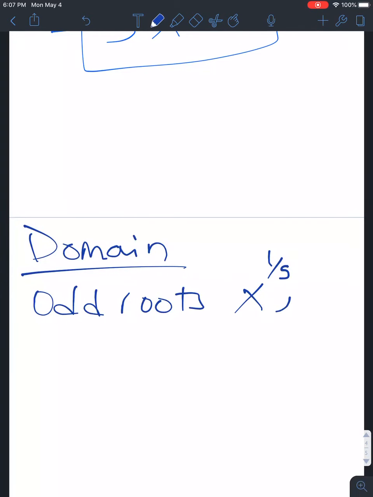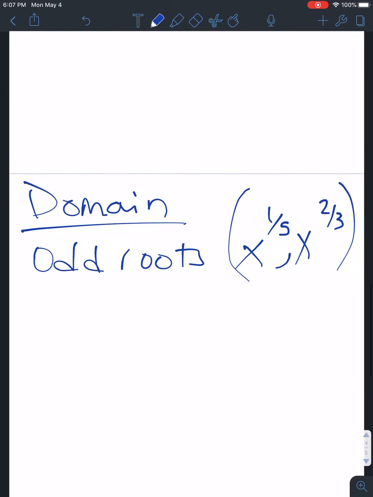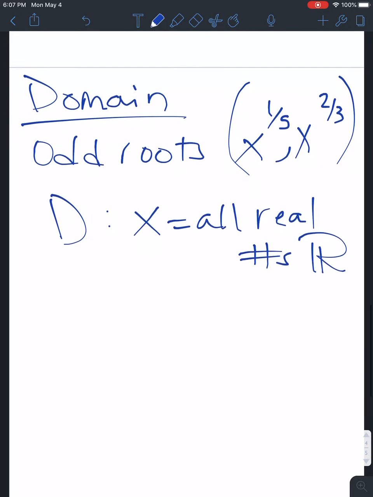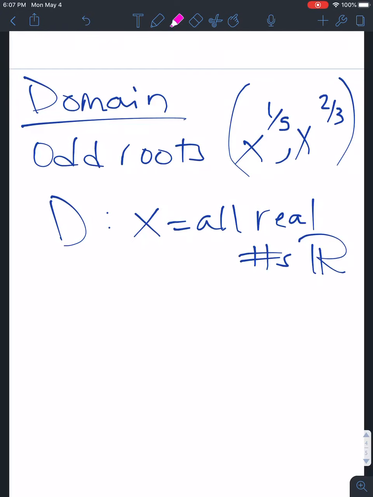So like an x to the 1/5 or an x to the 2/3. So if you have any odd roots, the domain is that x is all real numbers. All right, or you might see it as the double-lined R. Okay, so any odd roots, anytime you have an odd number in the denominator, your domain is all real numbers.